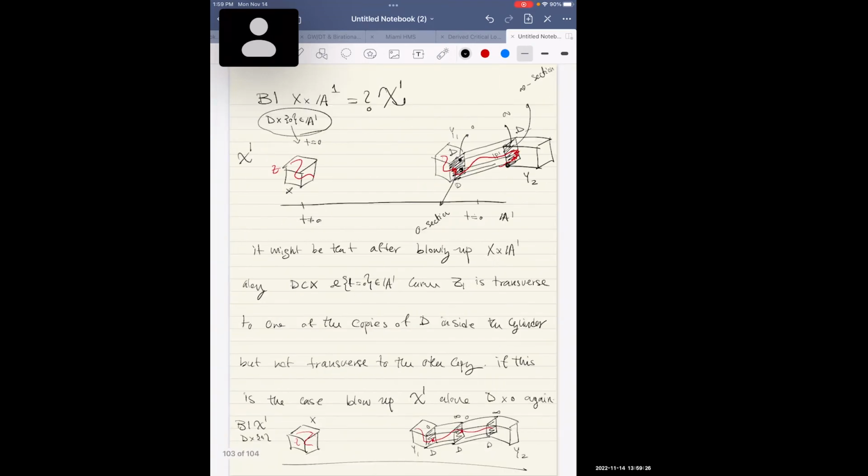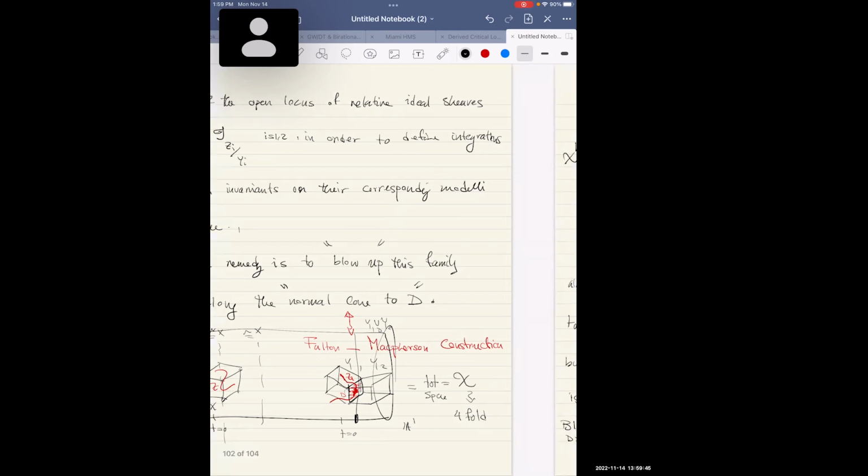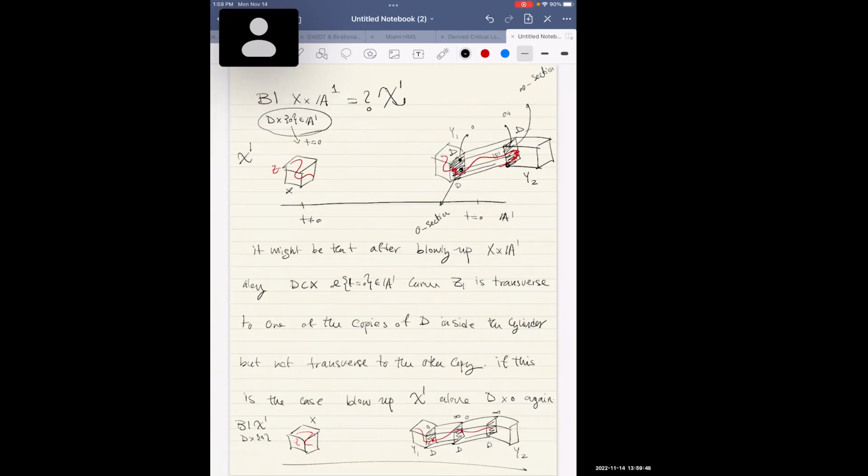So the whole thing is that you replace this picture where Y1 and Y2 are connected to each other exactly along D. You kind of take it in the middle, and like an accordion, you expand it, open it. This accordion opens up from right in the middle, and then the curve eventually becomes transverse to both sides of this accordion, which are the divisors in Y1 and Y2 that you're interested in.